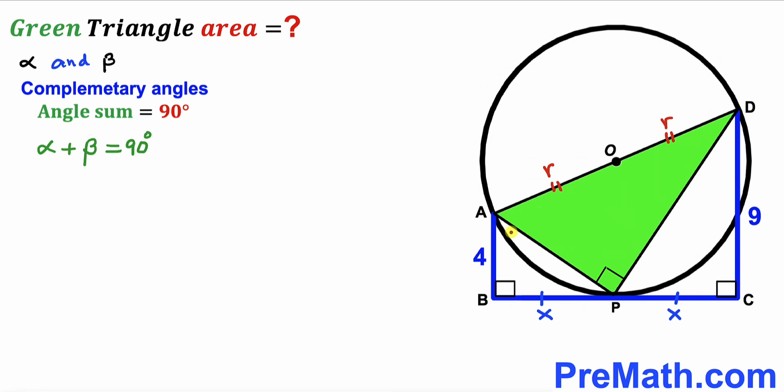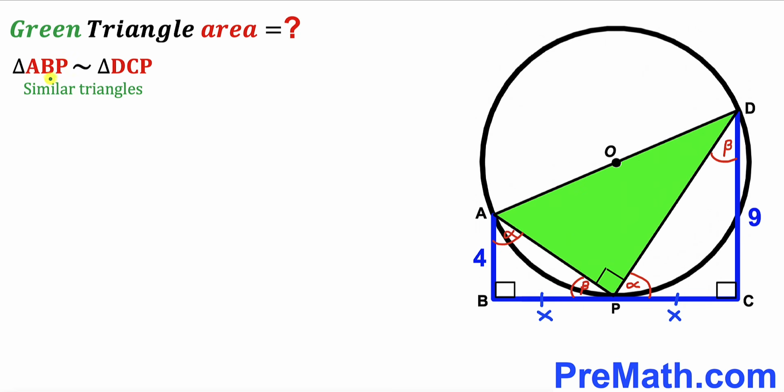If I label this angle as angle alpha, we know this is our 90 degrees angle, so therefore this angle has got to be angle beta. And now we know that this angle is our 90 degrees angle. So therefore this angle has got to be angle alpha. And now in this triangle, we know this angle is a 90 degrees angle. So therefore this angle has got to be angle beta.